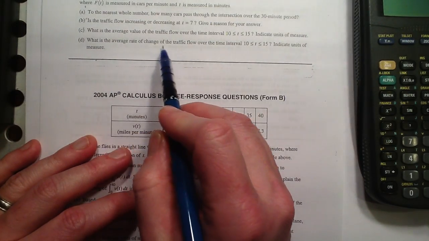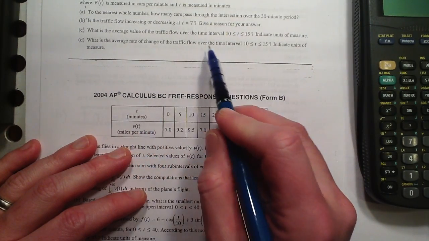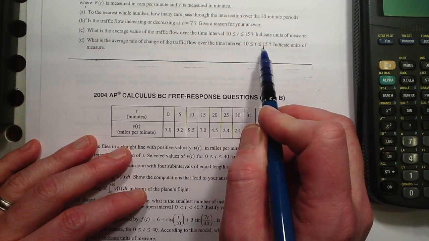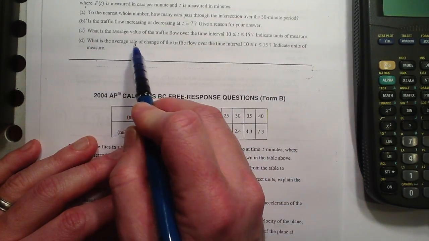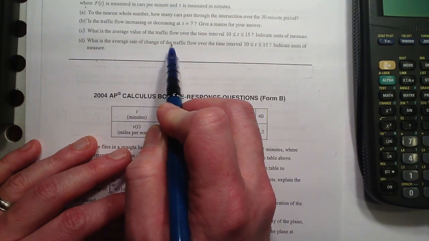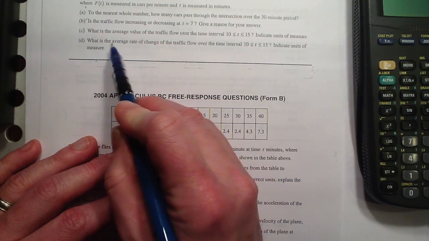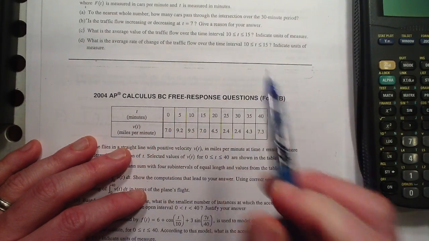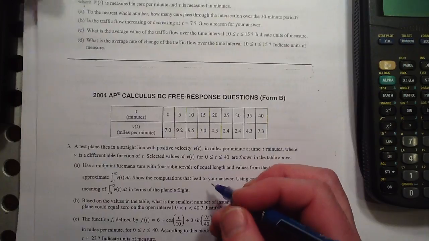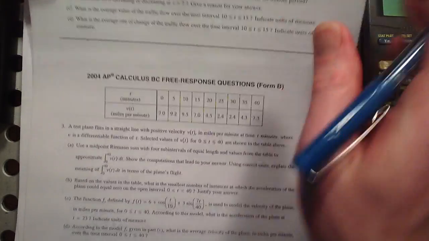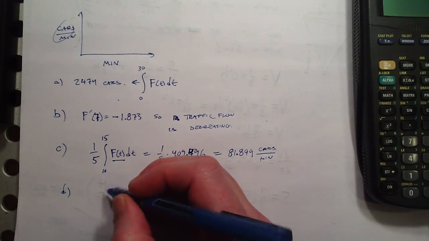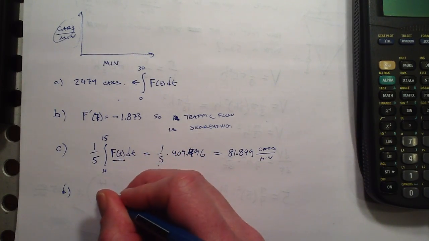What's the average rate of change of the traffic flow over the time interval from 10 to 15? Well, an average rate of change basically means finding 2 points.